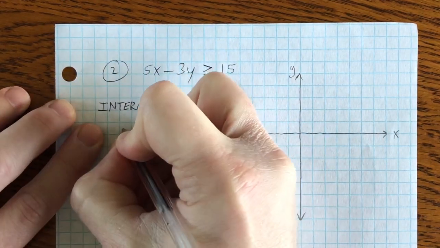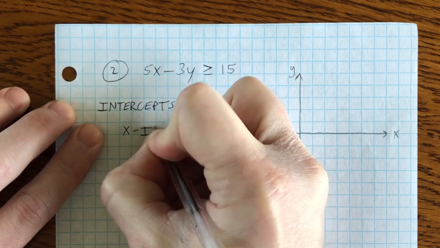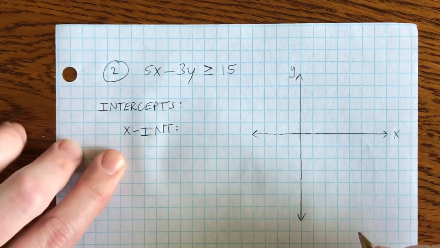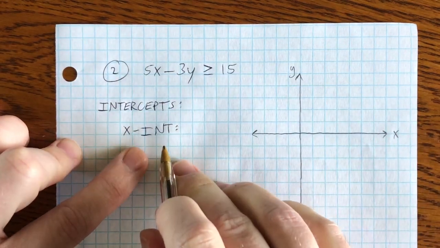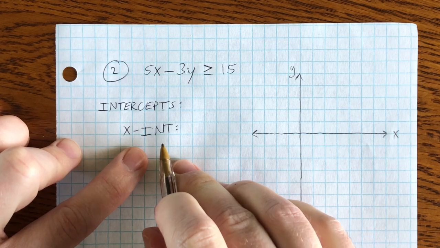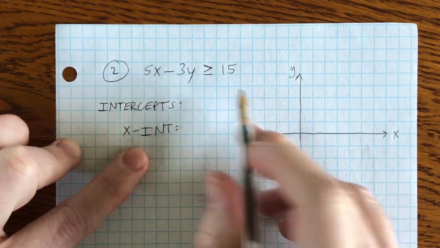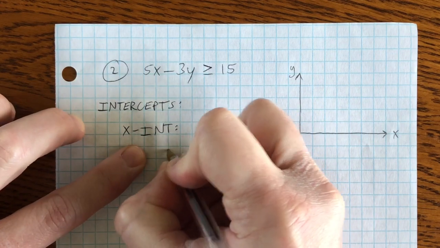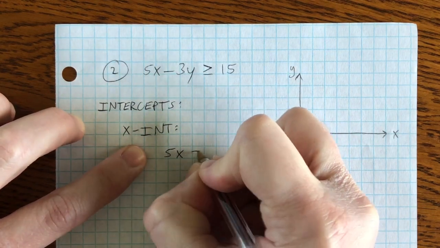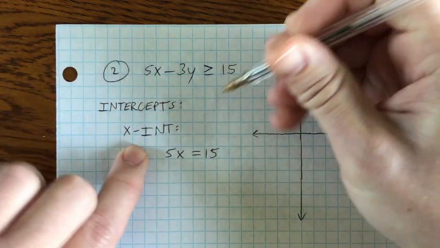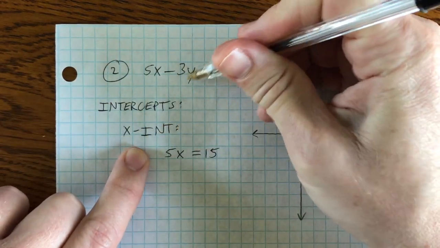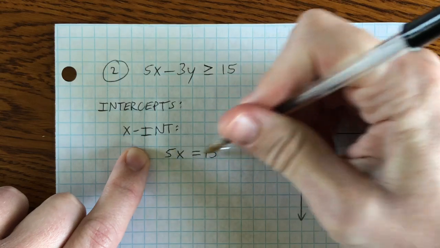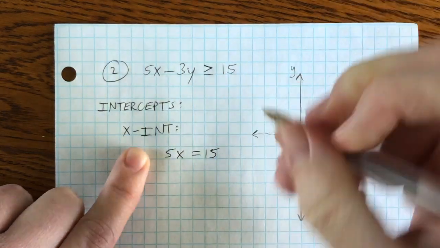This is something we should be able to do with any equation. If I'm going to determine the x-intercept, what am I going to do? The x-intercept is always determined when you let y be equal to 0. Again, x-intercepts are determined by letting y equal 0, which would just give me this equation.